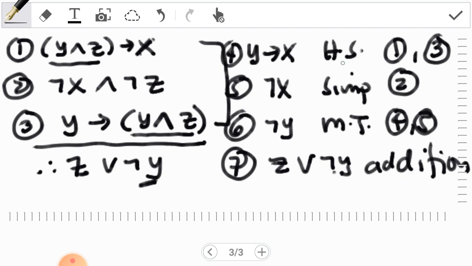So every time you find a rule, let's say here, we're using hypothetical syllogism of 1 and 3. Go to your list, hypothetical syllogism, check out why it became hypothetical syllogism. Remember, we are looking at the structure. These are letters, these are variables, these are propositions. We can change them with any letter that we like. What we are looking at are the structures.